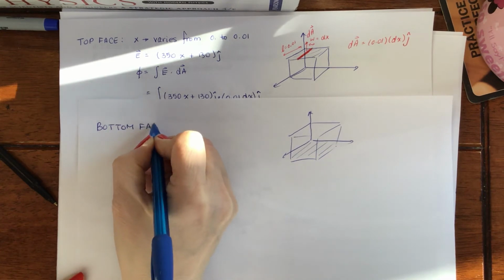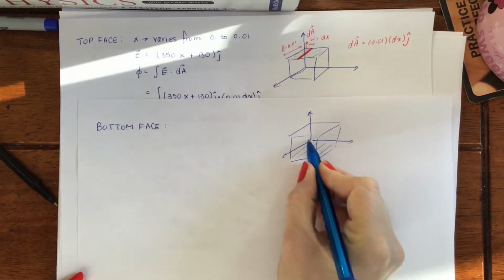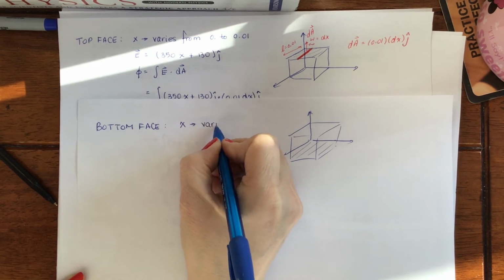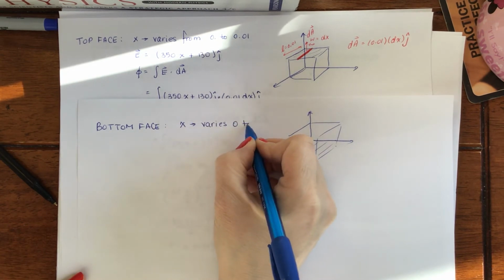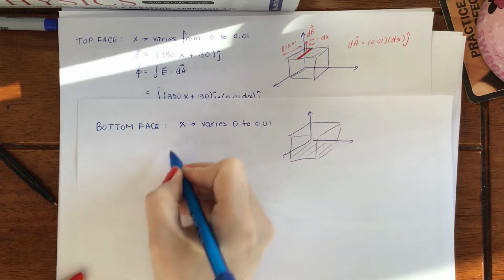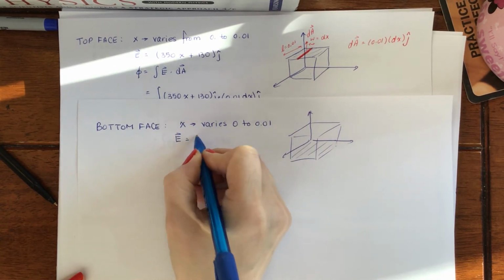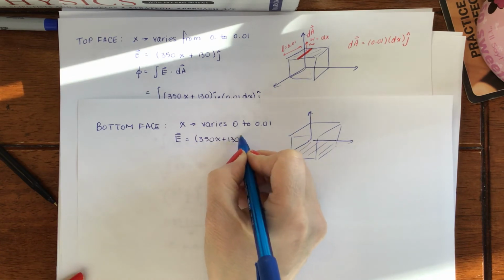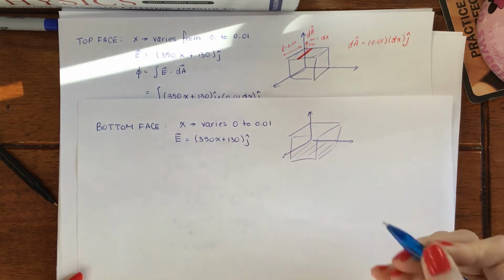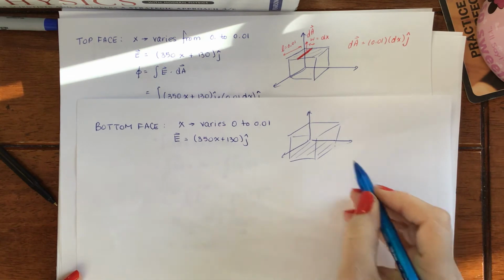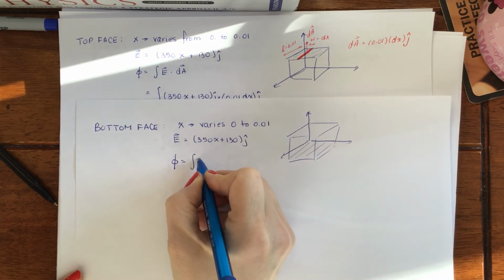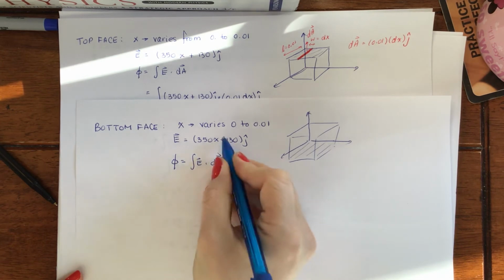X also varies from 0 to 0.01. So our electric field is equal to 350 times x plus 130 j. It's a variable. We don't have a number for x we can fill in. Our net electric flux is the integral of E dot dA. We know what to fill in for E. What are we going to fill in for dA?